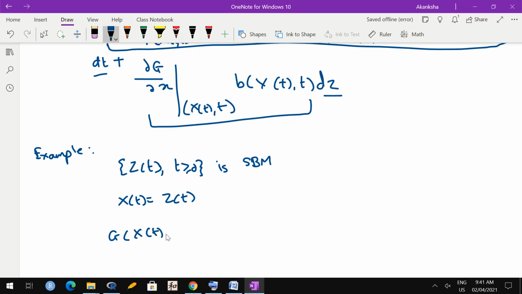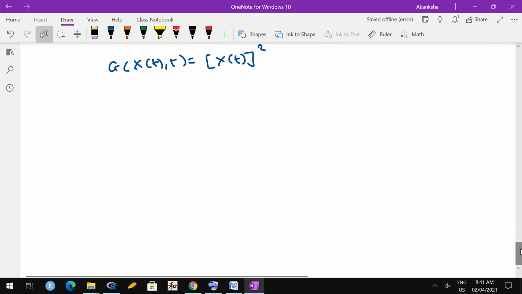So my g is basically a square function, g is xt squared, which here would be Zt squared. We have to use the given form. First, let us write the equation for the original process. Now, dxt is dzt, correct, because xt is zt. That's what we are taking here.